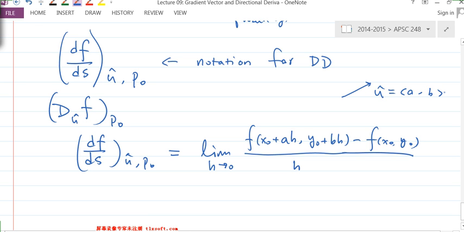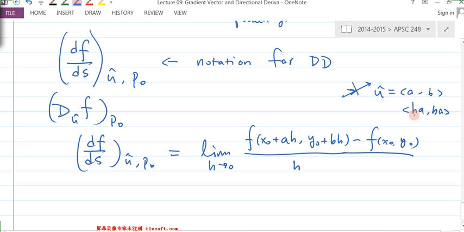A very small distance, from here to here, to the location a h and b h.